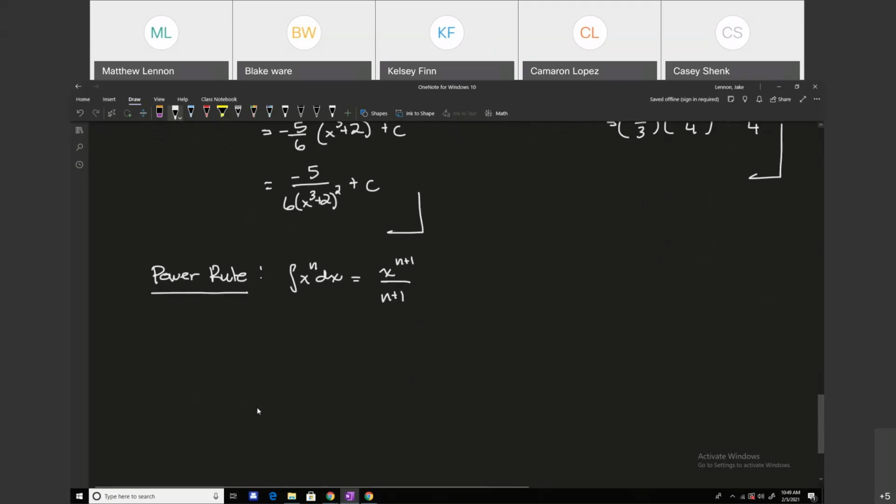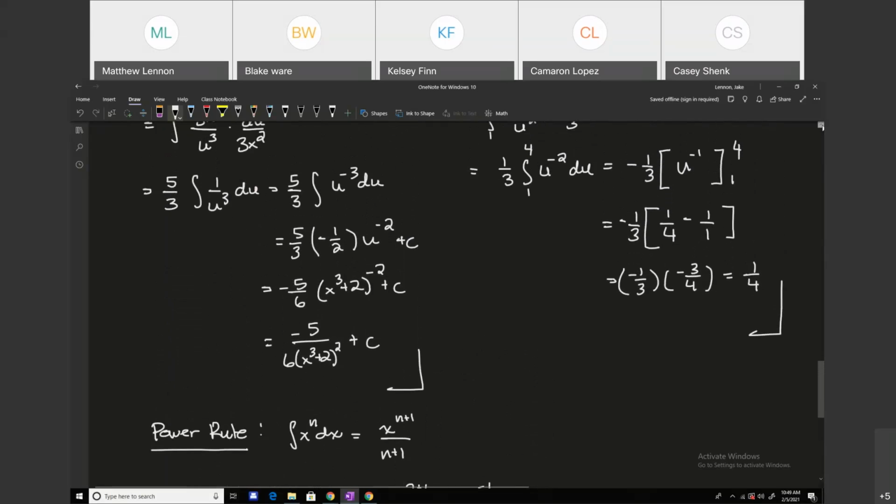So for our example, we had the integral of u to the negative 2. So this would be u to the negative 2 plus 1 over negative 2 plus 1, which is u to the negative 1 over negative 1, which is actually the same thing as negative 1 over u, which is what we have, right?